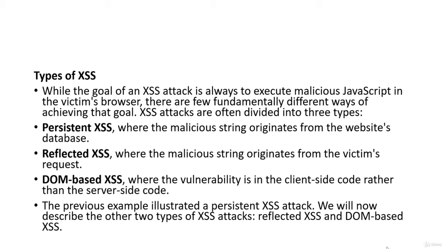In the case of reflected XSS, only the particular link will be infected. Whenever any user visits that link, they will get infected, but the whole range of users who visit the website will be unaffected. We'll see about persistent and reflected XSS attacks in this lecture.